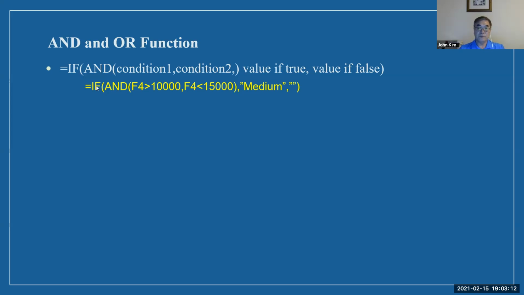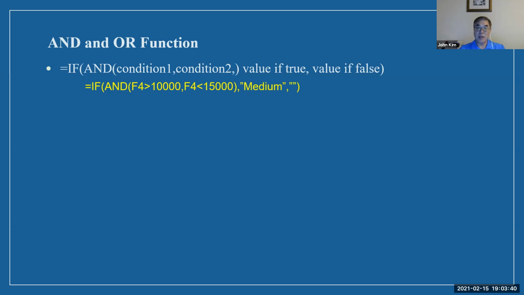If order quantity greater than 10,000 and, condition 1 and condition 2, order quantity less than 15,000. If it is true, medium. If it is not true, just blank.